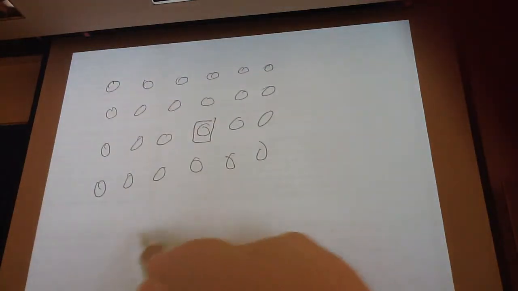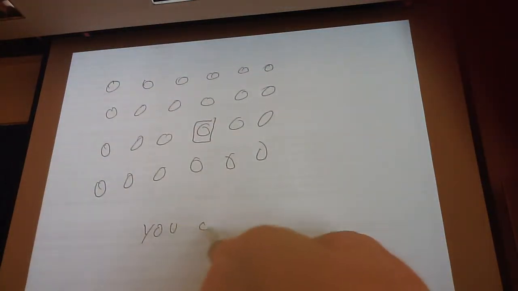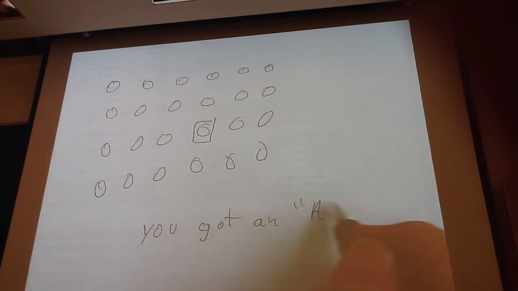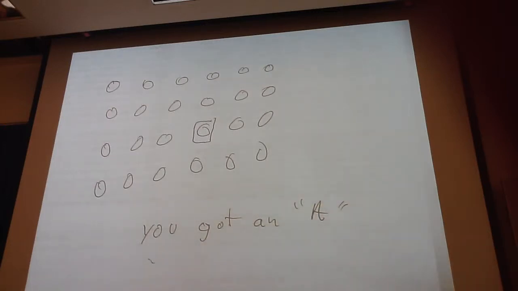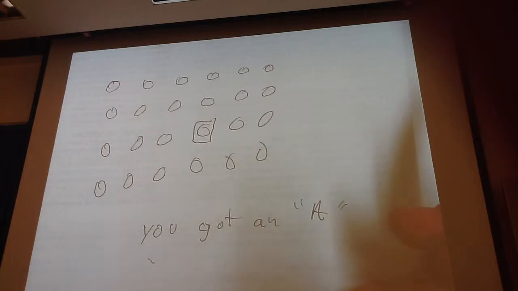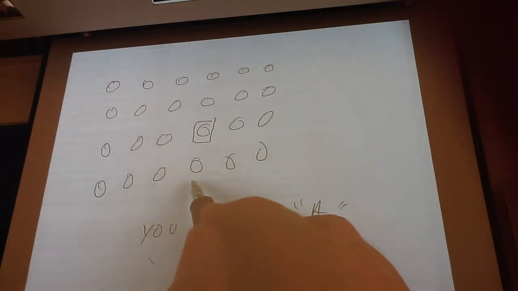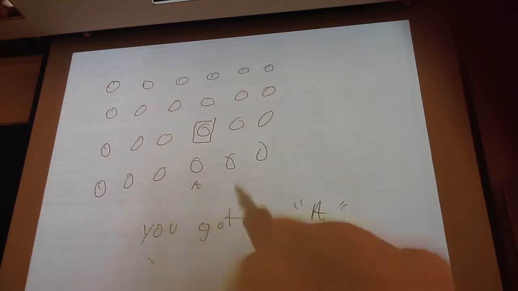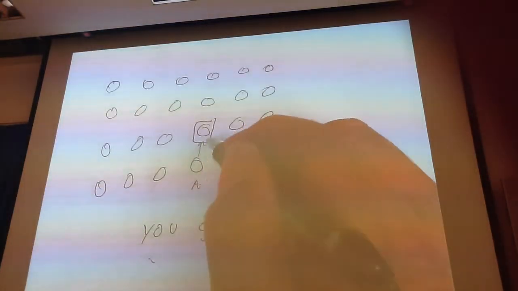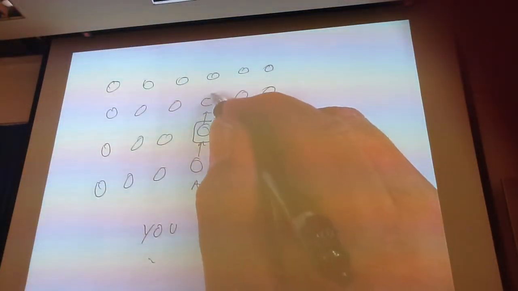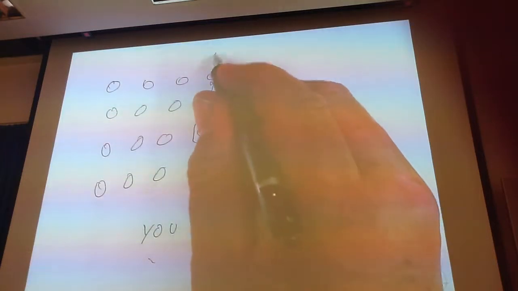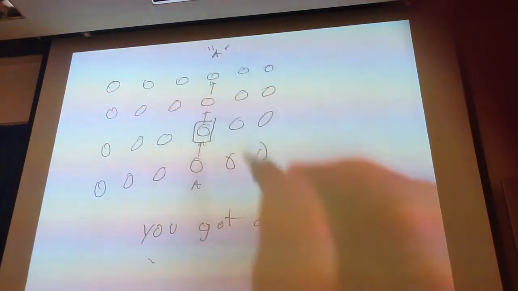And I want to give her the message, you got an A. But I don't want the other students to know her grade. Okay? So I tell this student in the front row, pass along the information A. So they're going to turn to Ashley, they're going to give it to her, and then Ashley's going to turn around and give it to this student, and then this one. So all the people in this row know is the letter A.